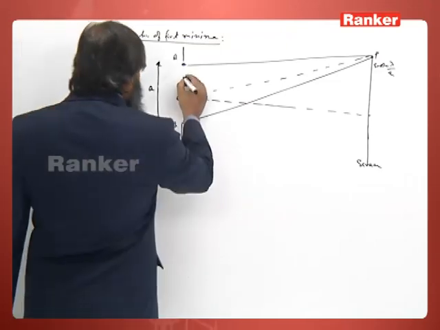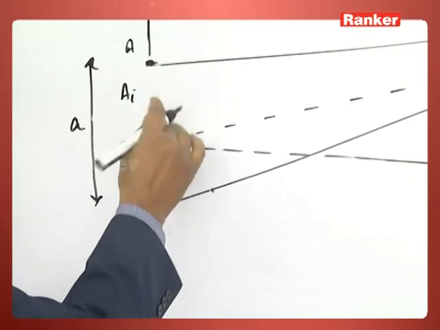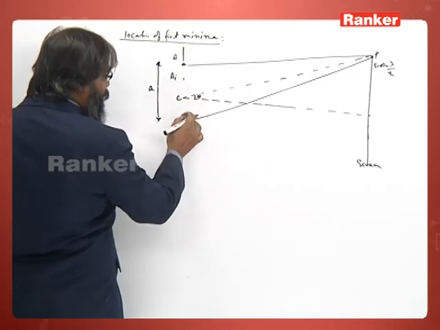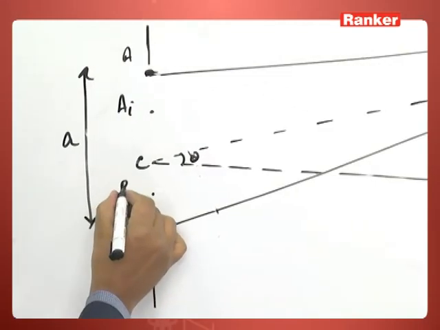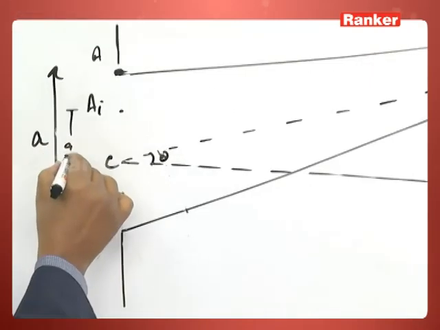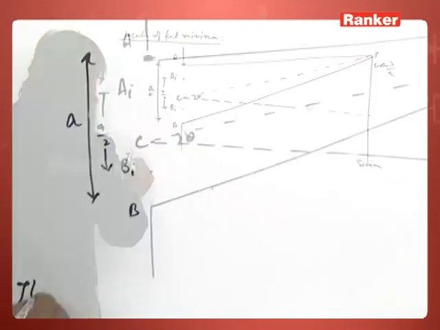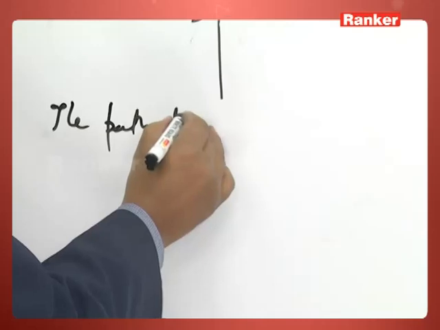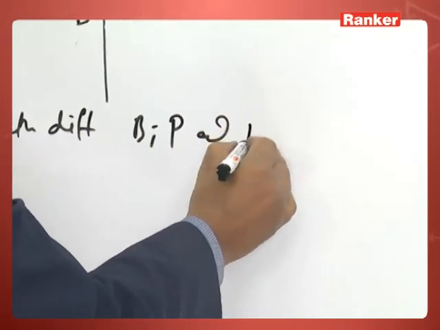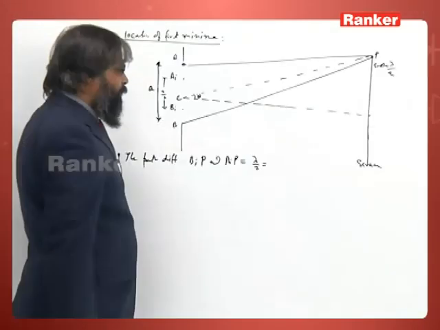We select a point, I call it AI. So there are many points A1, A2, A3, A4, AN, and here B1, B2, B3, B4. So this is BI, AI and BI. They are certainly separated by a distance a by 2. The path difference BIP and AIP is again lambda by 2.